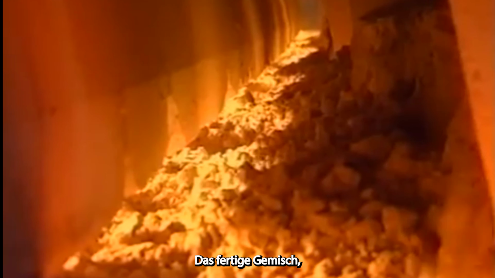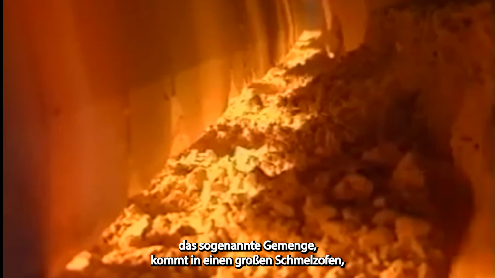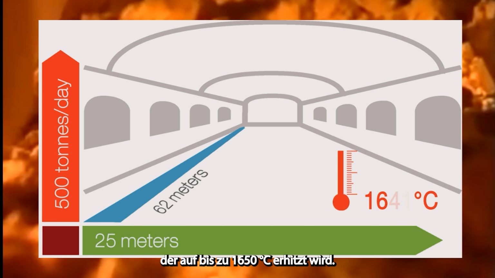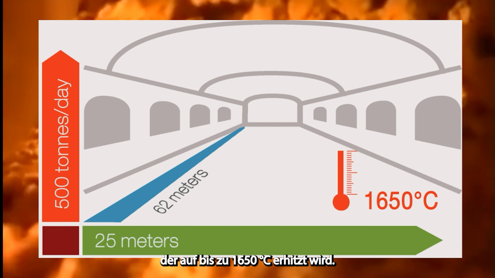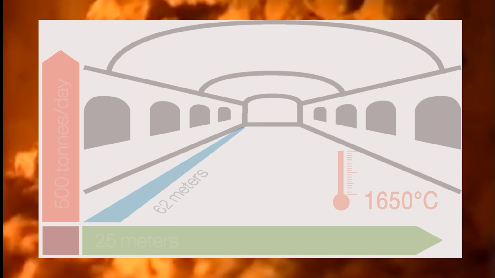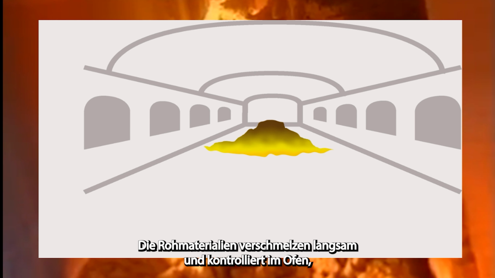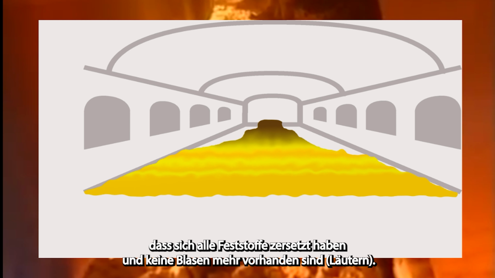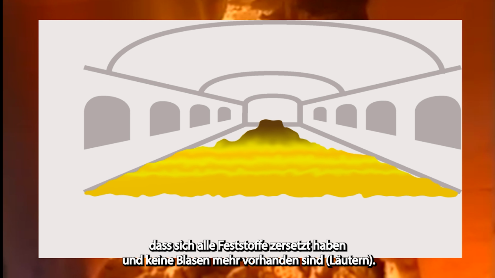The final mixture, the so-called batch, goes into a gigantic furnace heated to temperatures as high as 1650 degrees Celsius. The raw materials melt progressively and follow a slow and defined path in the furnace to ensure that all solid materials have decomposed.